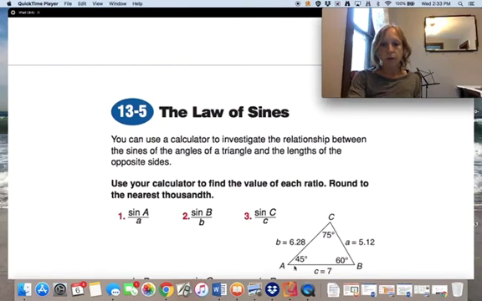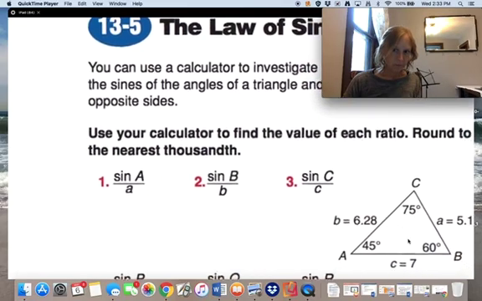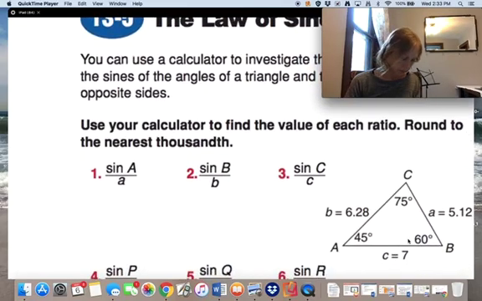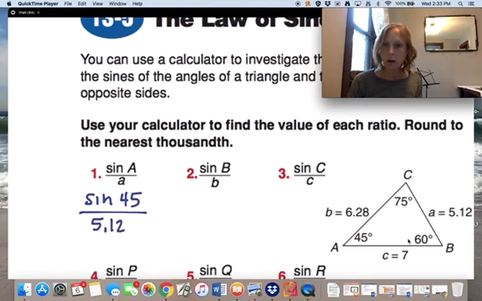Notice the labeling matches up with that anyway. So let's go ahead and fill this in. So the sine of 45 degrees divided by 5.12. We're going to put this in our calculator.